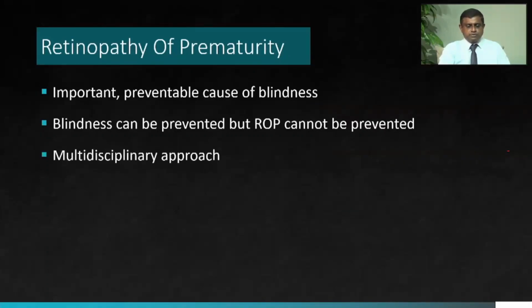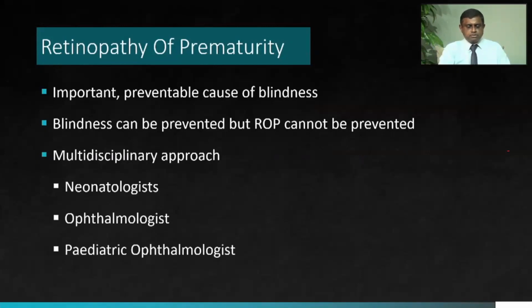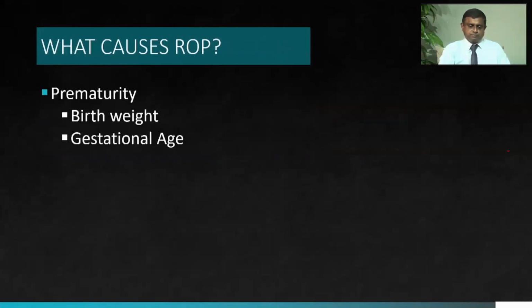We have very advanced ways of treating retinopathy of prematurity, and it frequently requires a multidisciplinary approach, whereas prevention of ROP is by neonatologists by regulating the oxygen, and ophthalmologists screen and detect, and pediatric ophthalmologists treat this condition.